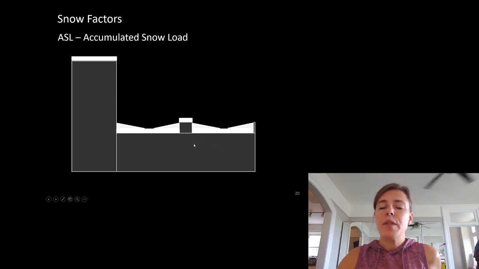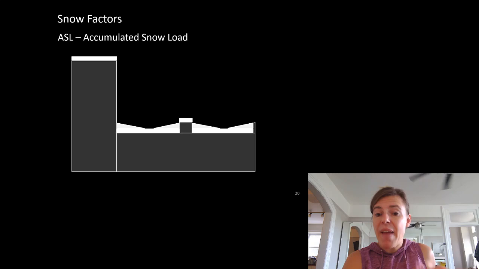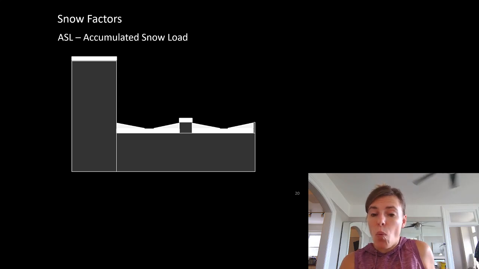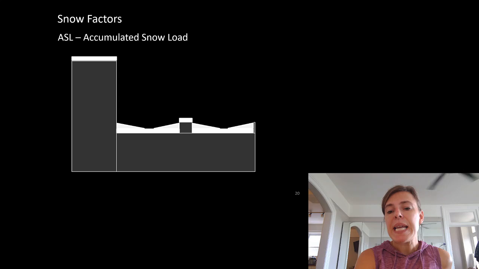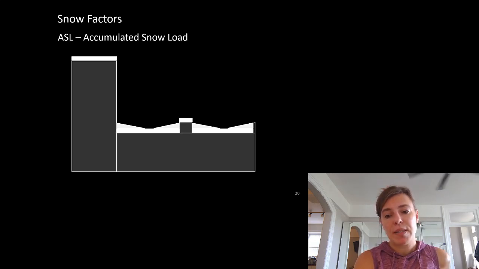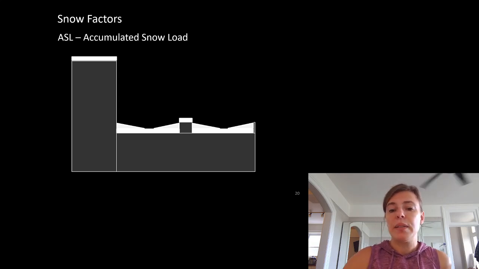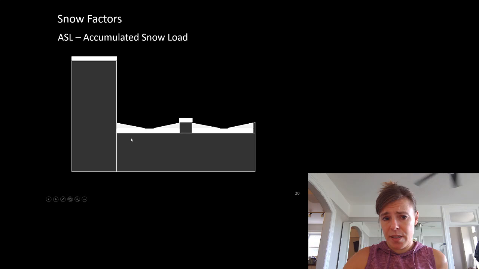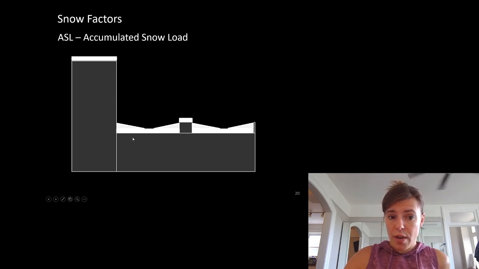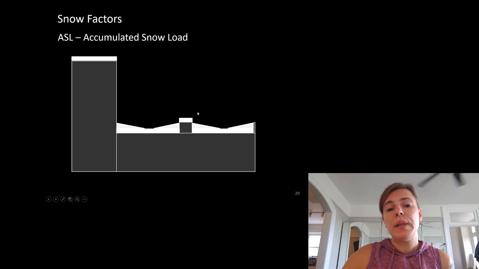So we have to build in an accumulated snow load factor, and it varies where you are on the roof. It is a rather rigorous calculation, which is why it's beyond the scope of this course, but you need to understand it exists. It's really important if we're building a low building beside a tall building. This building is going to cause extra snow to pile up right here.